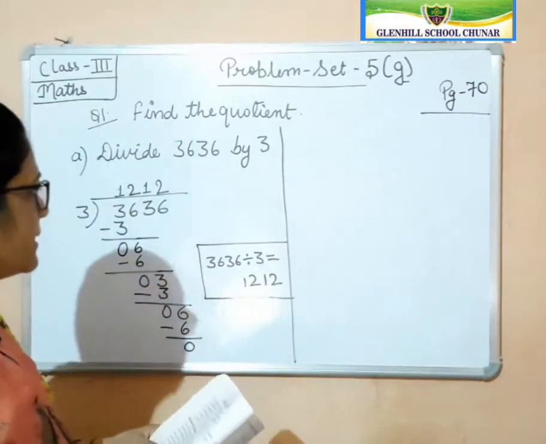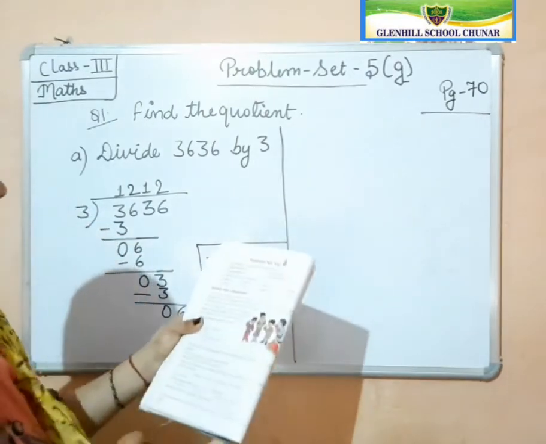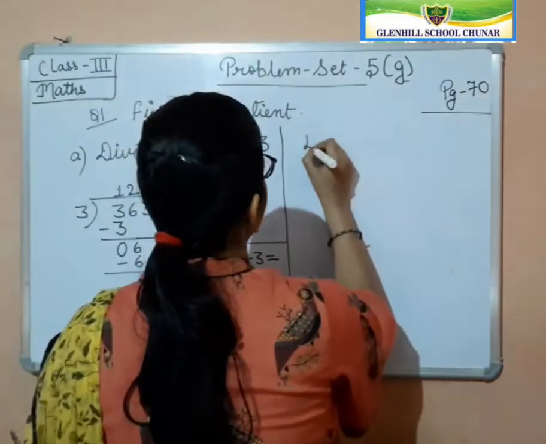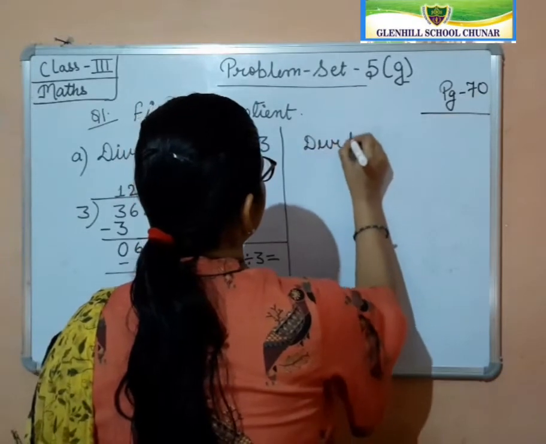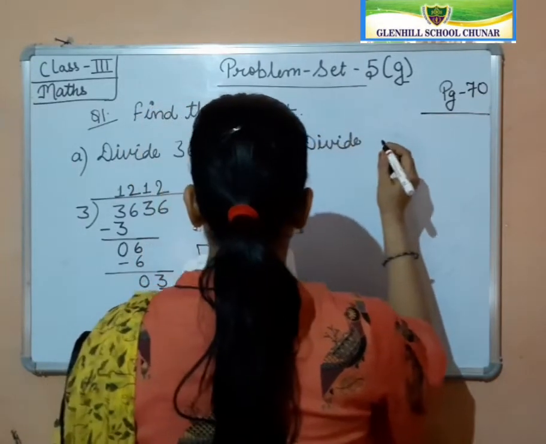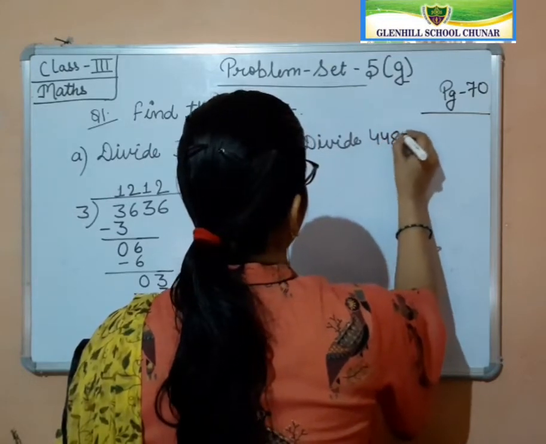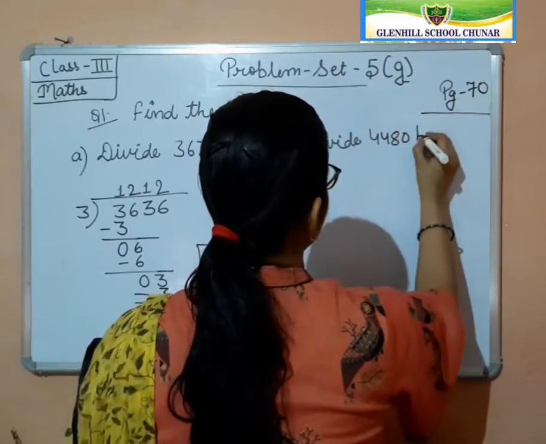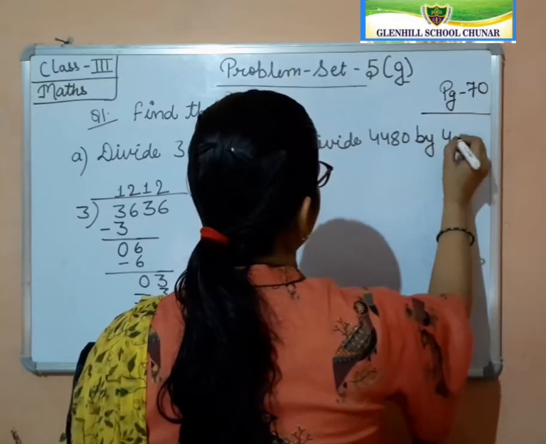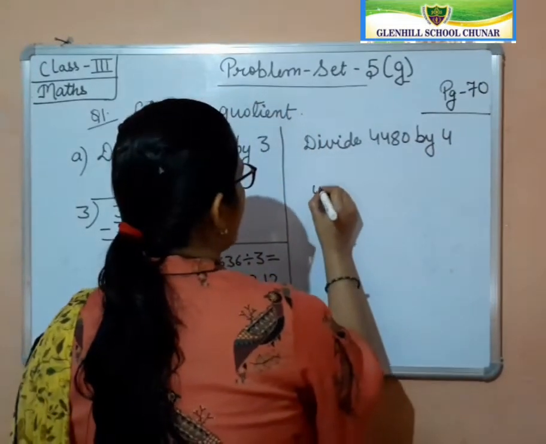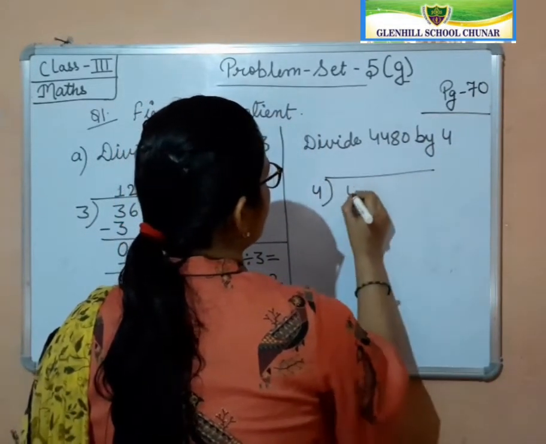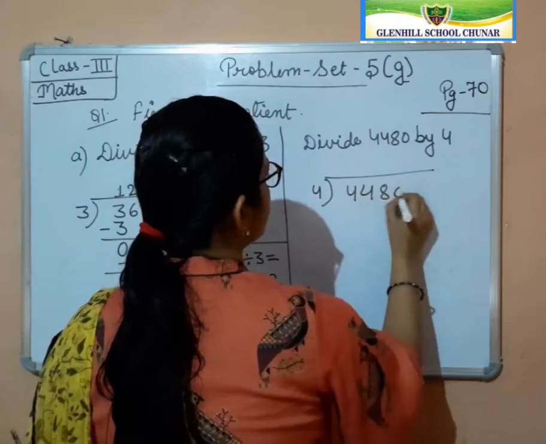Now like this, you see the next question. D, divide 4480 by 4. Okay, so 4 I have written. 4480.